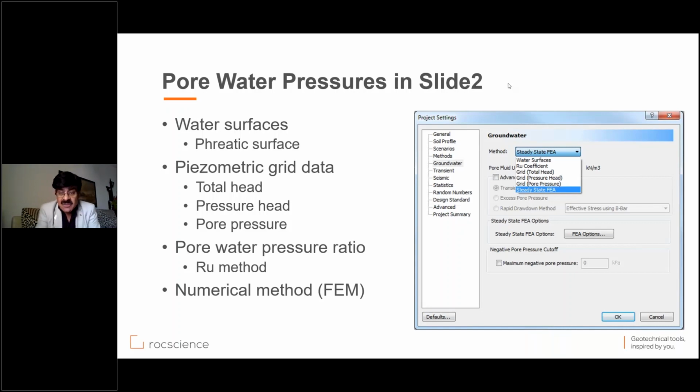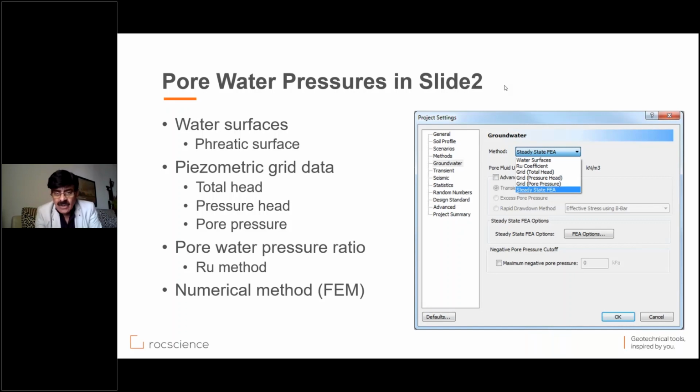Then you have the pore water pressure ratio, the Ru method, and finally the steady state seepage analysis, which can be carried out in Slide2 using a finite element method engine built into Slide2. That's going to be an exciting thing to see, and we are going to look at some examples of steady state seepage analysis using the finite element method within Slide2.